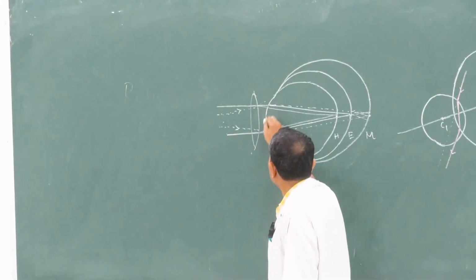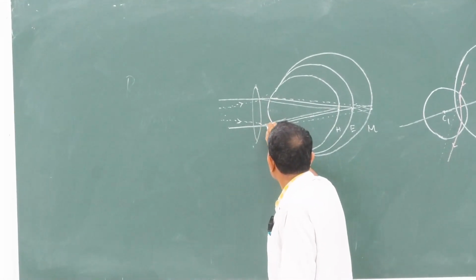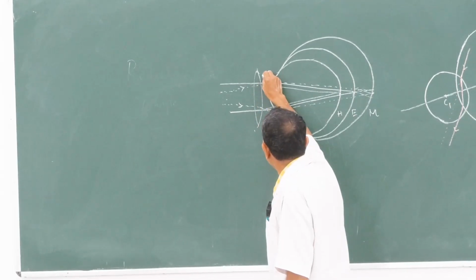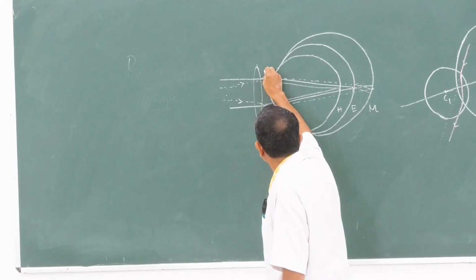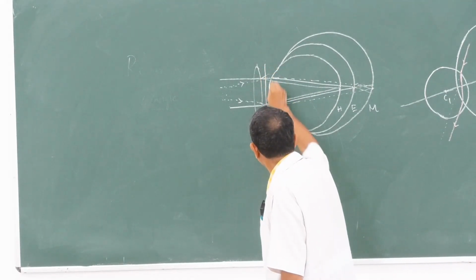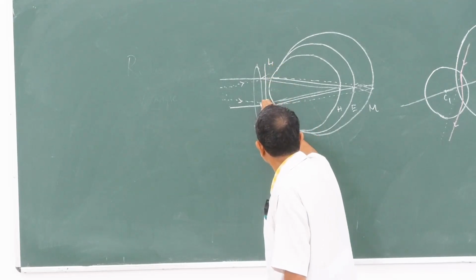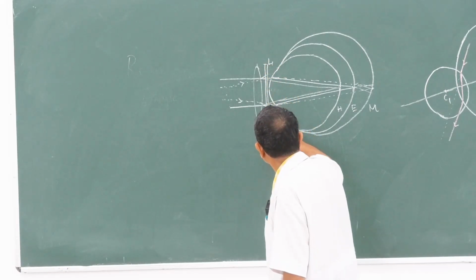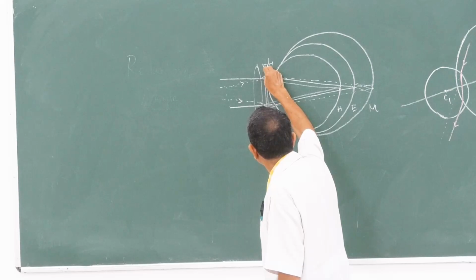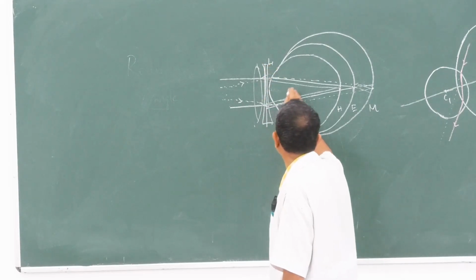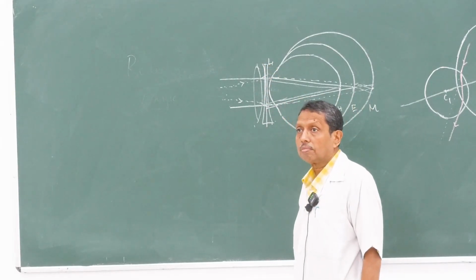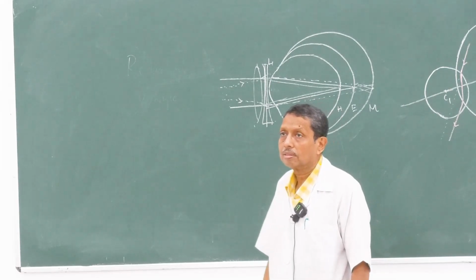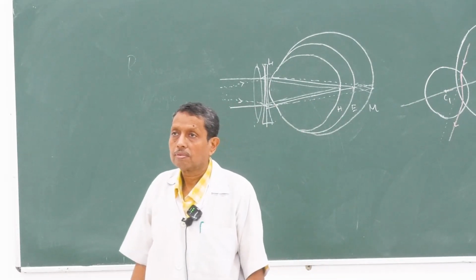Suppose in this case the rays can be diverged by a biconcave lens, and it can be corrected in this way.